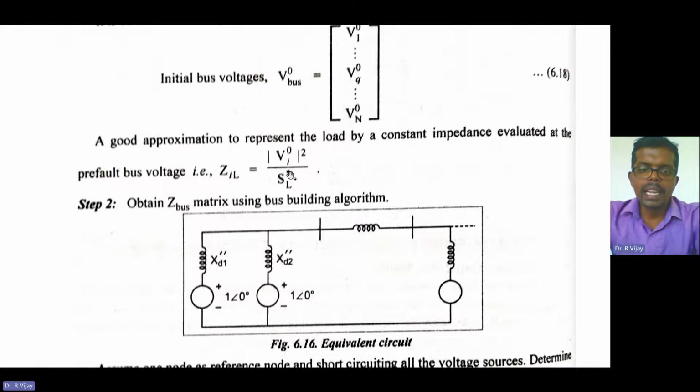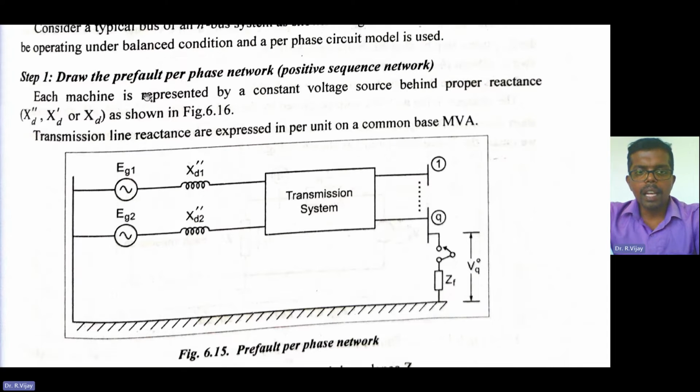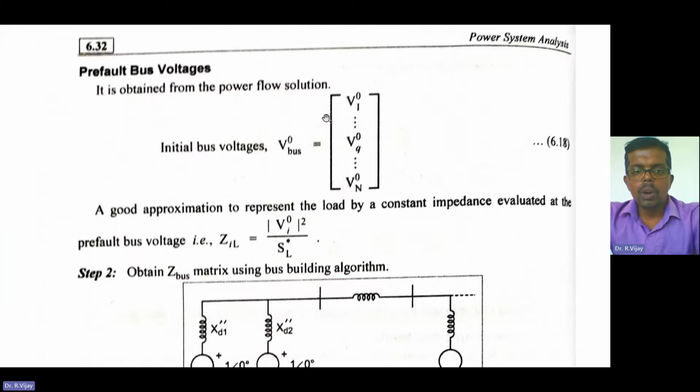This is step number 1: we need to draw the pre-fault per phase network, that is the positive sequence network, and also calculate the initial bus voltages as well as the constant impedances.